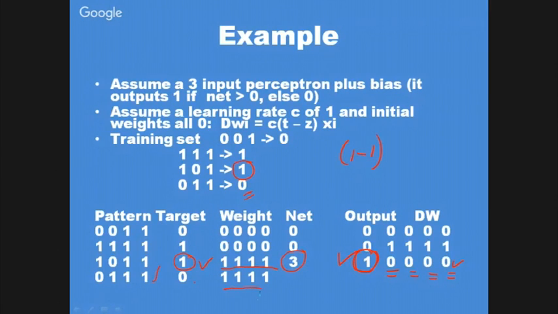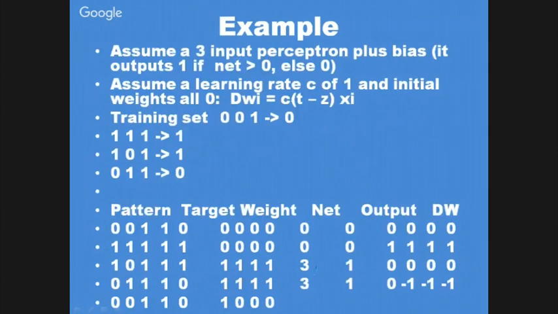So the new value of the weights will be 1, 1, 1, 1. Again we will calculate, again the net will be 3, again the output will be 1, but in this case the target is 0 and the output is 1.